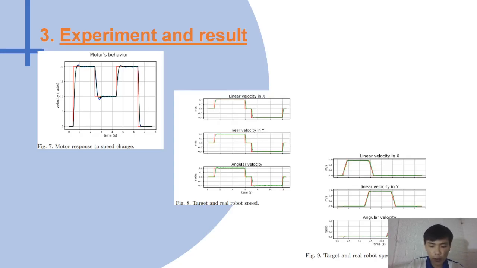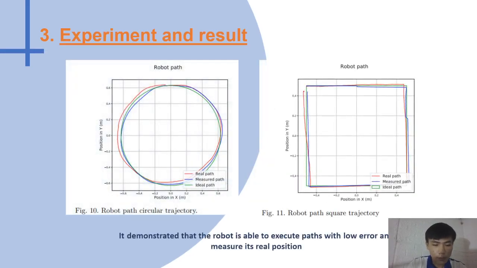The odometry test evaluates the performance of different paths, comparing the target path and the real robot path. The real robot path is obtained through the tracking camera, which includes an IMU.